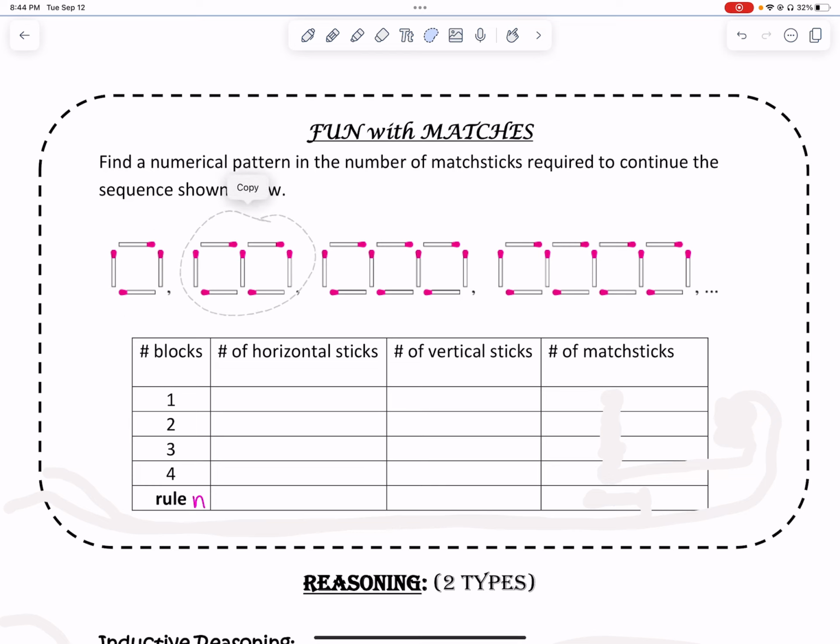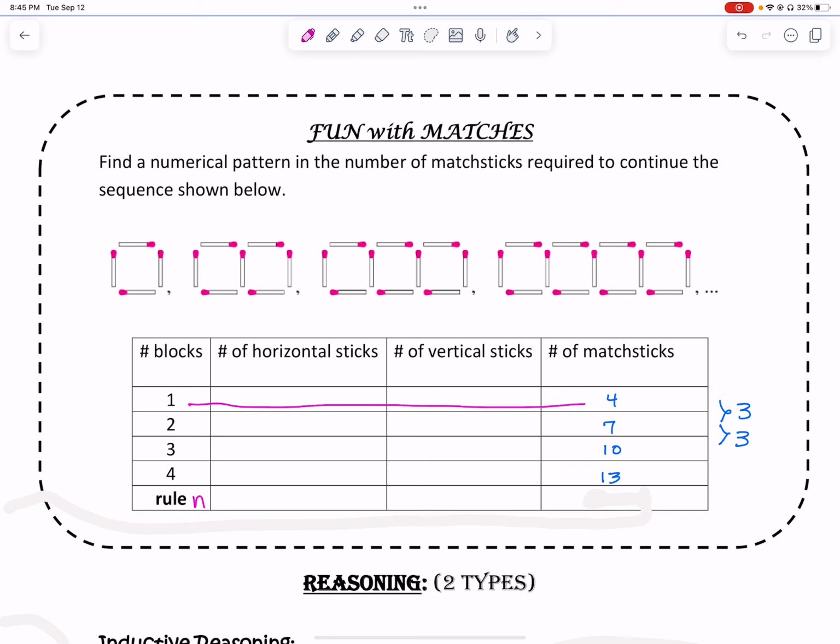I've got how many? 1, 2, 3, 4, 5, 6, 7. I could count all those. So I've got to go from 1 to 4, 2 to 7, 3 to 10, 4 to 13. That's a little bit harder.